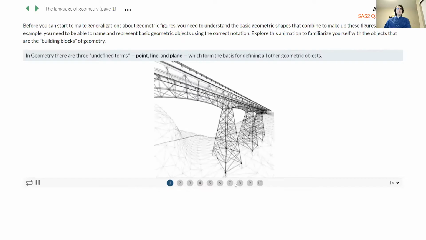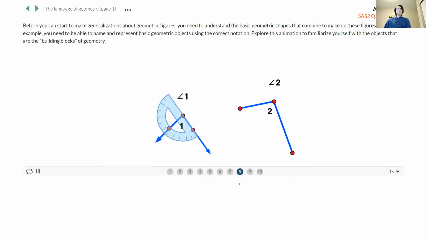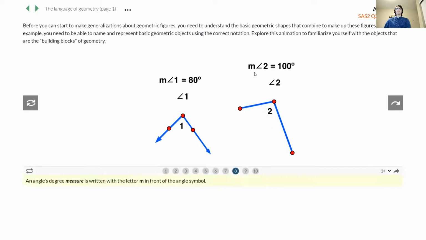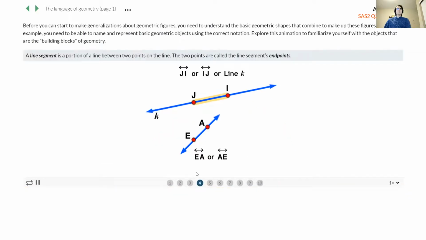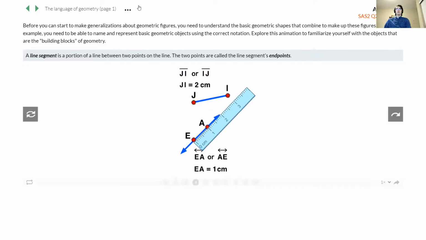The notation for angles is that we add an m in front of it to say that we're using a measurement. So the measure of angle 1 is 80 degrees. The measure of angle 2 is 100 degrees. And likewise, for line segments, I would get rid of the bar on the top, and now I'm talking about a number. I measure the line segment, and I get the measure JK equals 2, okay?